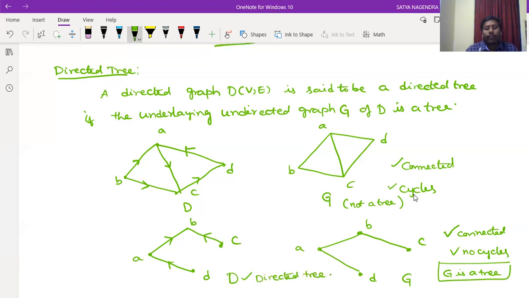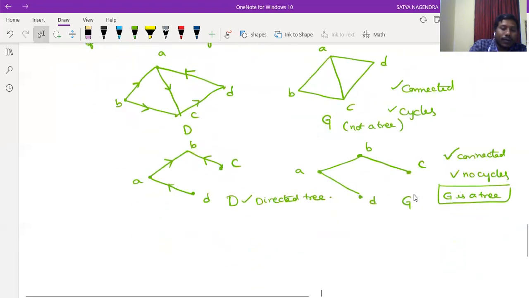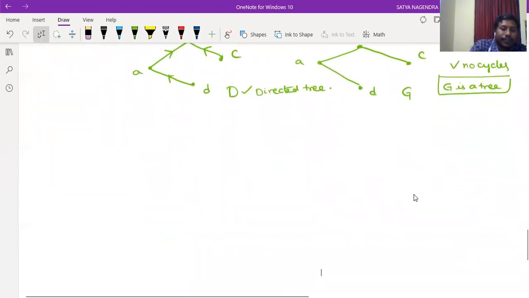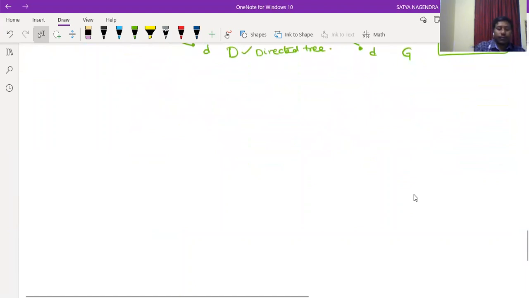Now after observing what a directed tree is, we will go for a rooted tree.